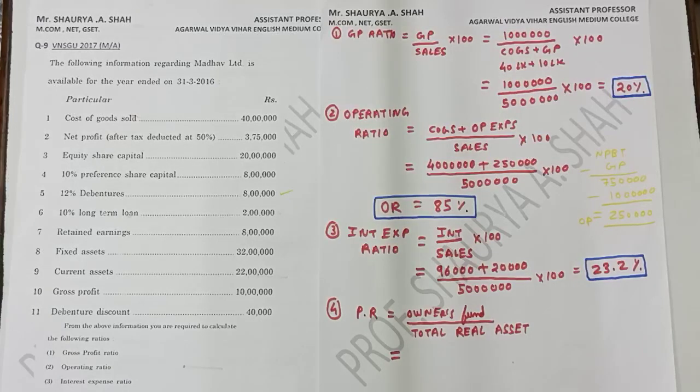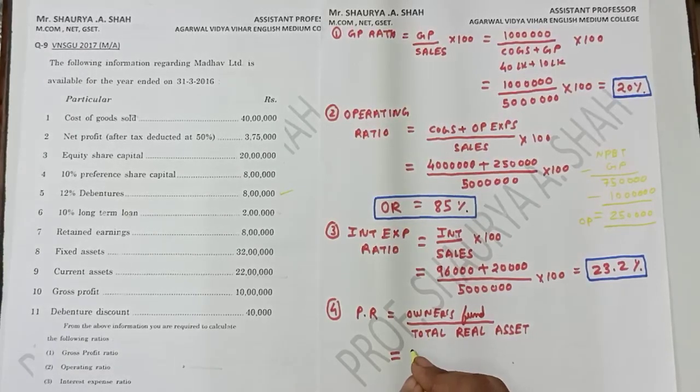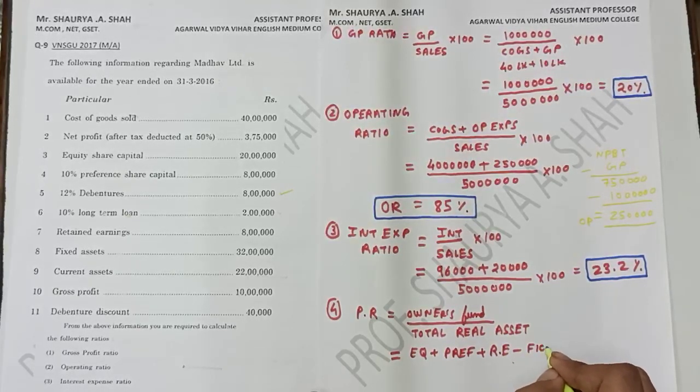In that we had owner's fund, we had long-term borrowings, then various kinds of reserves and surplus, then we had fictitious assets, right? So what is my owner's fund? Very quickly, in the formula: equity plus preference plus retained earnings minus fictitious assets, divided by total real assets.